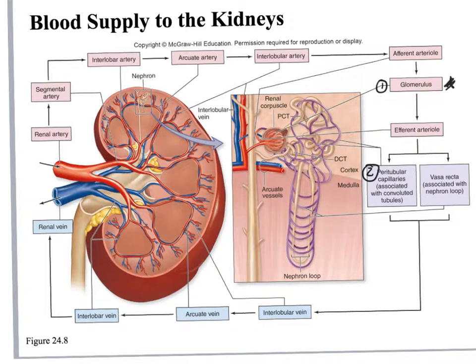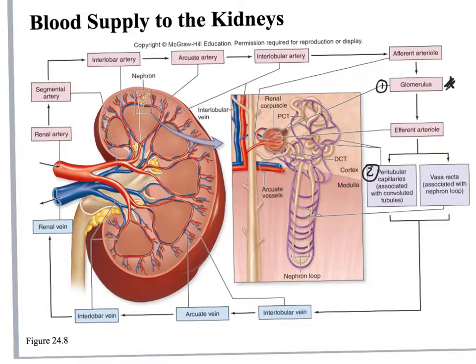So if an afferent arteriole constricts, less blood gets into the glomerulus. If an efferent arteriole constricts, more blood stays in the glomerulus longer. It is a way of actually controlling blood that goes in and out of this functional unit. And it's very important when we start talking about what's happening at the glomerulus.